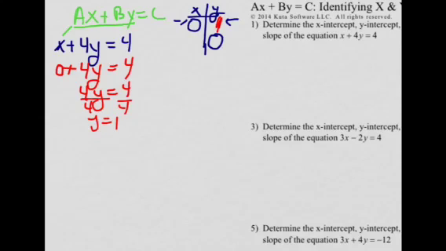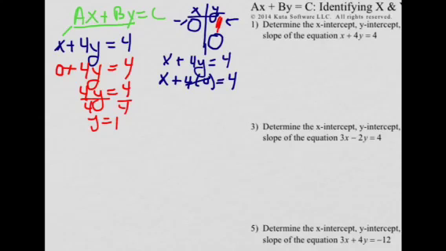Then we look at our graphic organizer and we see, hey, y needs to be 0 now. We get to find x. So if we take our original equation, x plus 4y equals 4, we let y equal 0: x plus 4 times 0 equals 4.